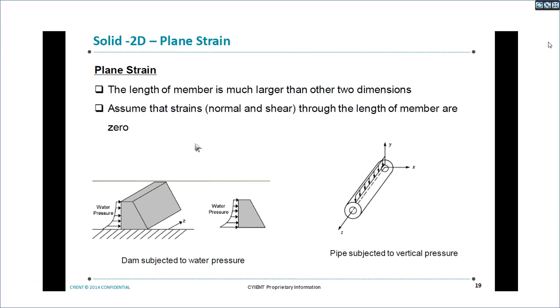Here, the important assumption is that strains are 0 along the normal direction. So along this direction, strains are 0. These are the two examples. A dam subjected to water pressure can be represented as a 2D problem. Similarly, a pipe subjected to vertical pressure can be represented as very simple, no need to model the long pipe.